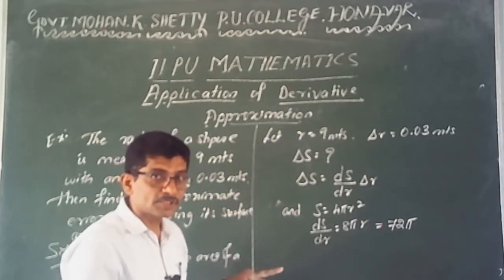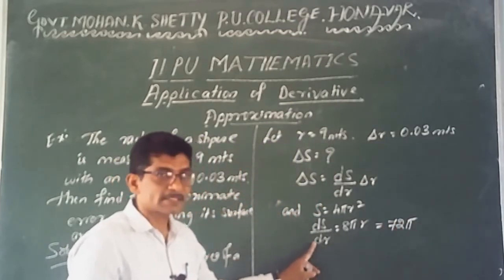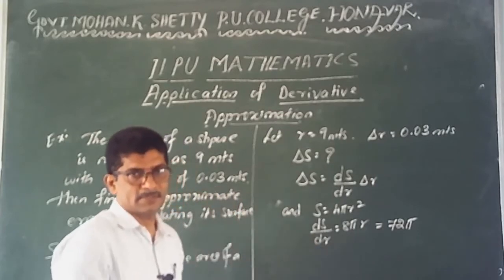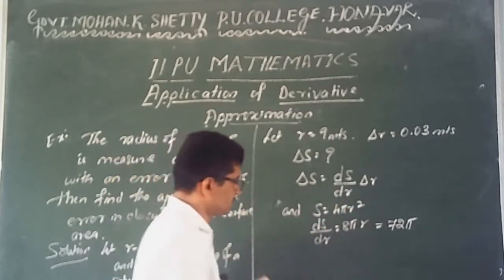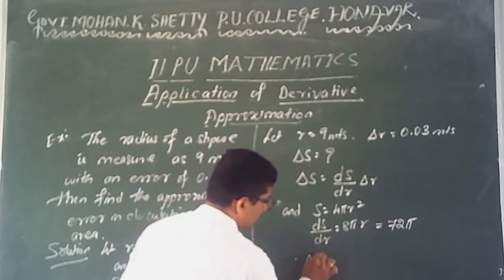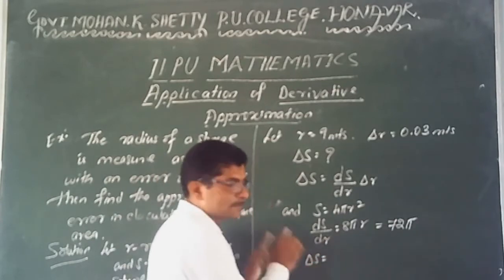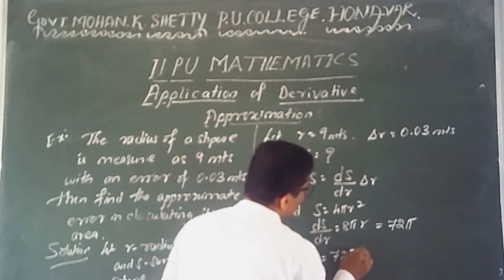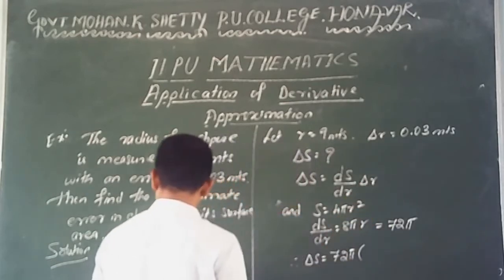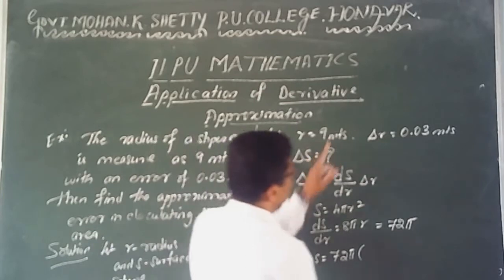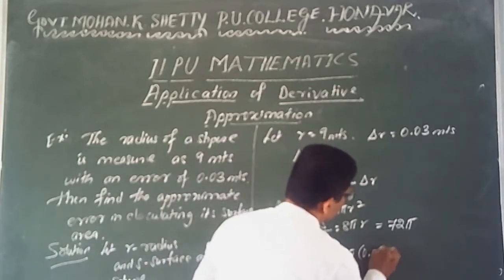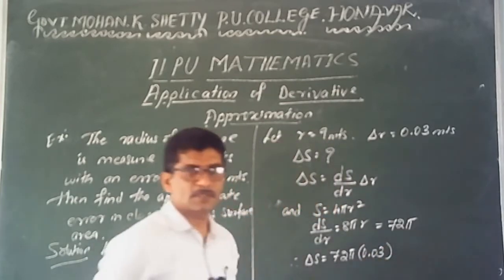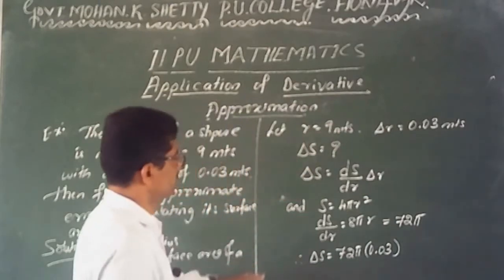The rate of change of surface area with respect to radius, in square units. It's clear. Therefore, the error in calculating the surface area is equal to 72 pi into delta R. What is delta R? That value is equal to 0.03 meters. Yes.